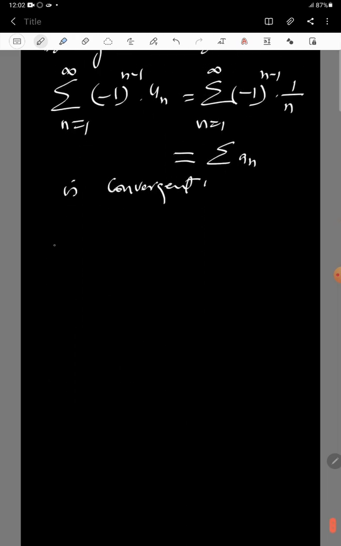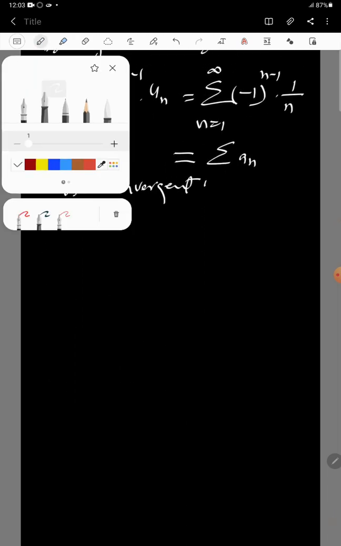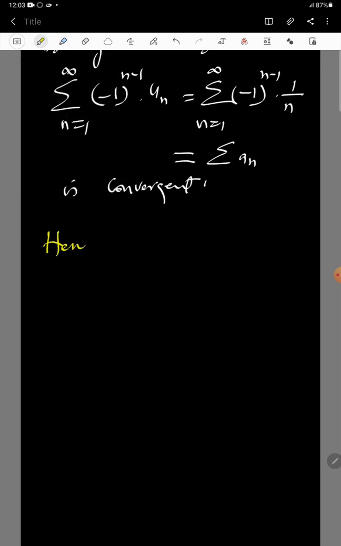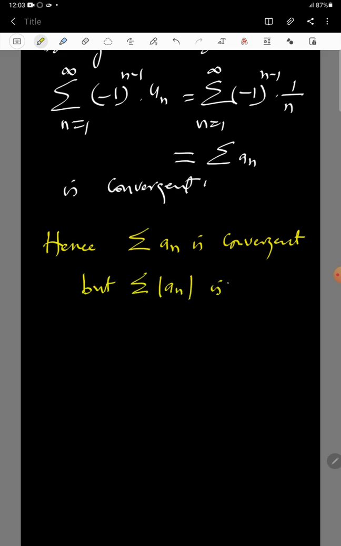Hence the situation is very important to be taken here. Hence sigma an is convergent, but sigma mod an is divergent.